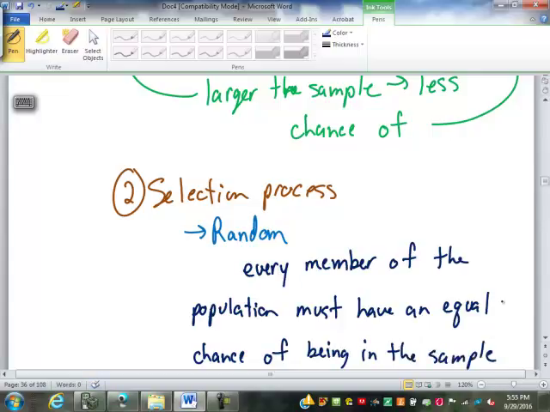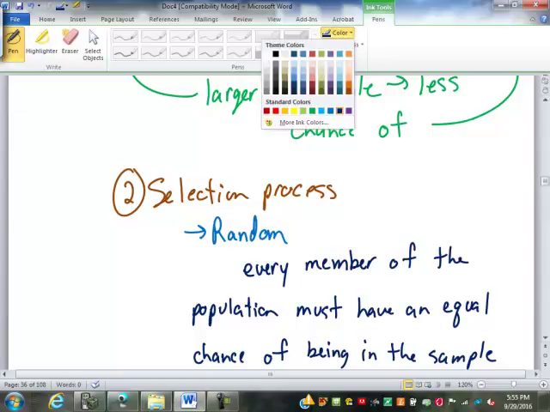So if I just go out in the hallway and grab the first two students, first of all, students from Ashland, Superior, New Richmond, Hayward, Ladysmith, they have no chance of being in that sample because they're not here. Second, students that are here only in the morning have no chance of being chosen. Students who are only online have no chance. Only students that would be in this campus, in this hallway at this time of day have any chance of being chosen. So it's definitely not random.